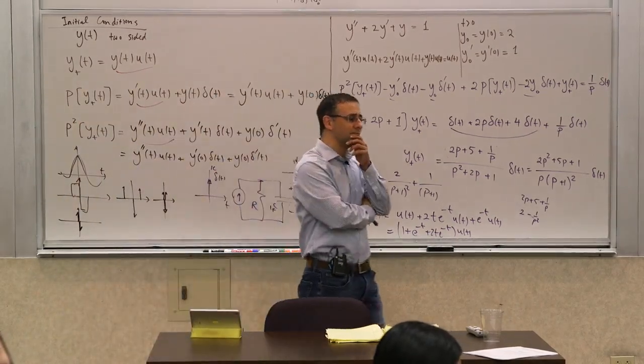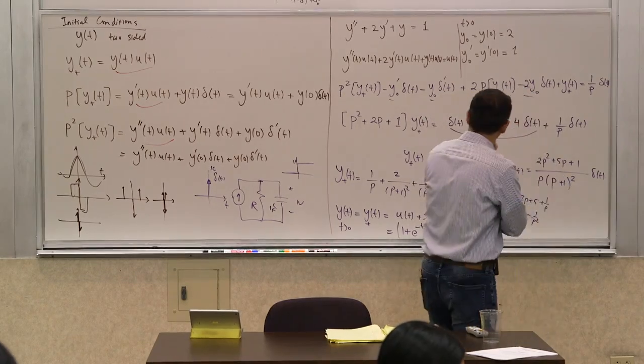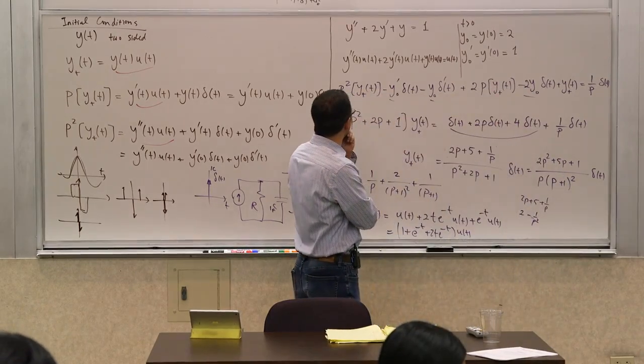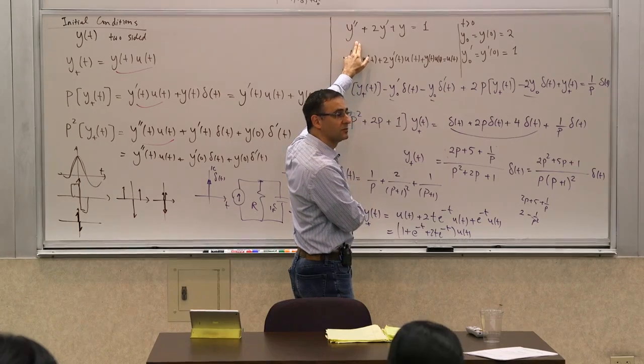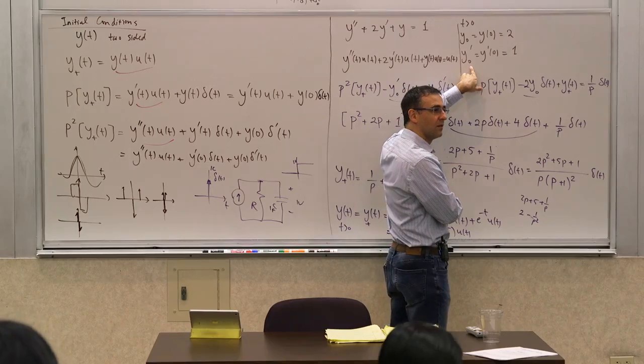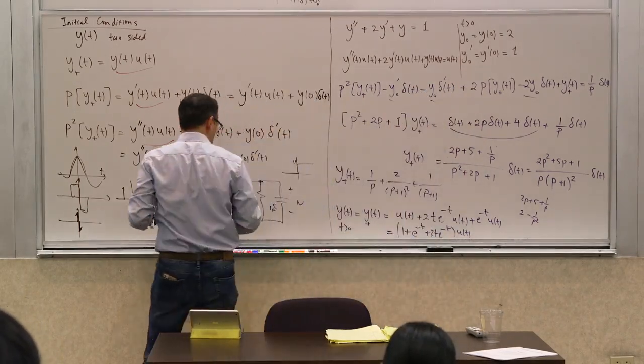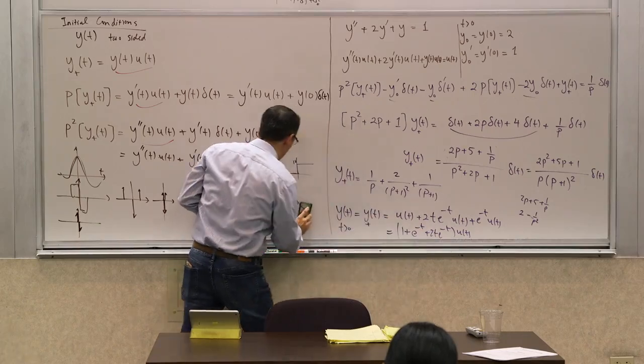So what would a derivative, like y prime of 0, correspond to in a second order system with initial conditions? What would it correspond to? Okay, so there are different ways. It depends again on what you're trying to do. For example, it depends on what you define as variables.